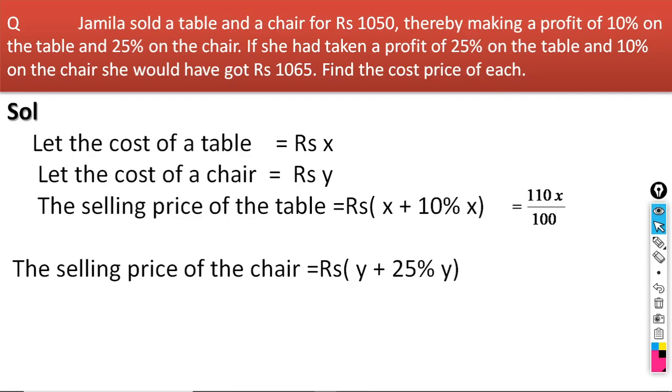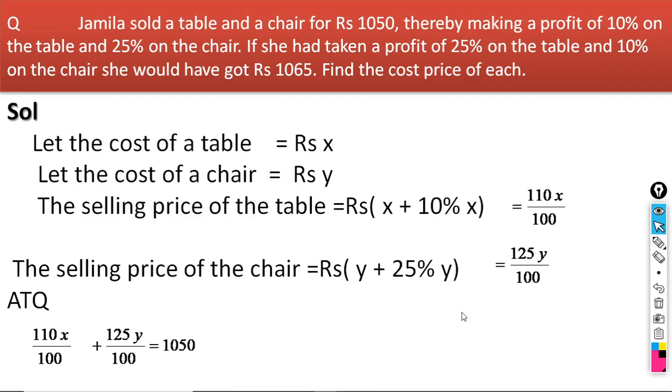So y + 25% of y, adding them, we get 125y/100. According to the question, the total selling price is 1050. By solving this by taking LCM, you get this equation: 110x + 125y = 105000.